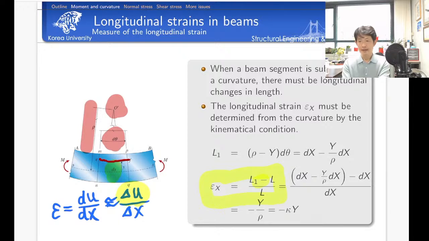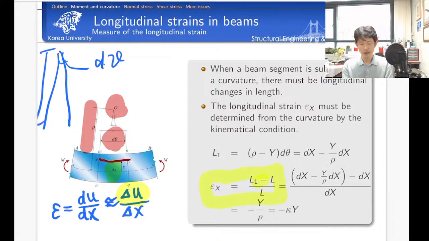How do you calculate the length after deformation? If it is a small deformation, we can use the radian relation: we consider the angle d theta and the distance, and the arc length is the radius times the angle d theta.